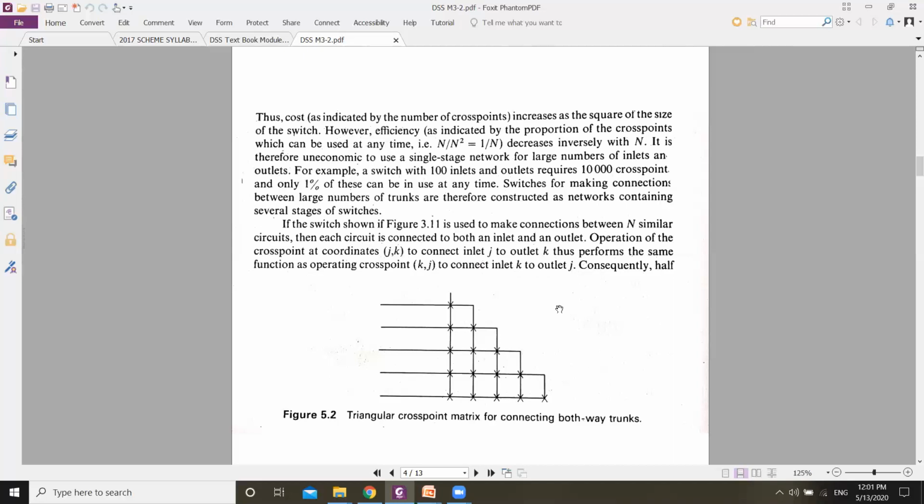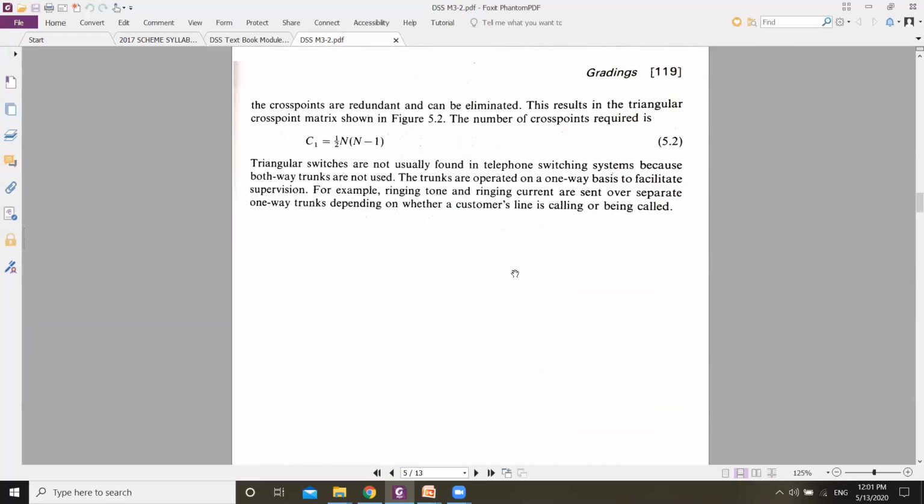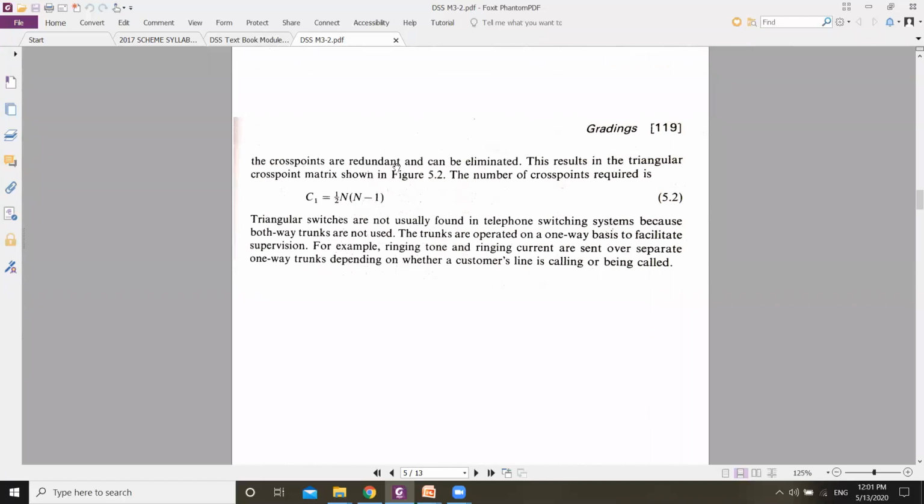Consequently, half of the cross points are redundant. Half of the cross points that will be there in our system are redundant. The meaning is you will have an excessive number, and those redundant cross points can be eliminated. If you eliminate them, it becomes economic, and the switching system establishing cost will be reduced.